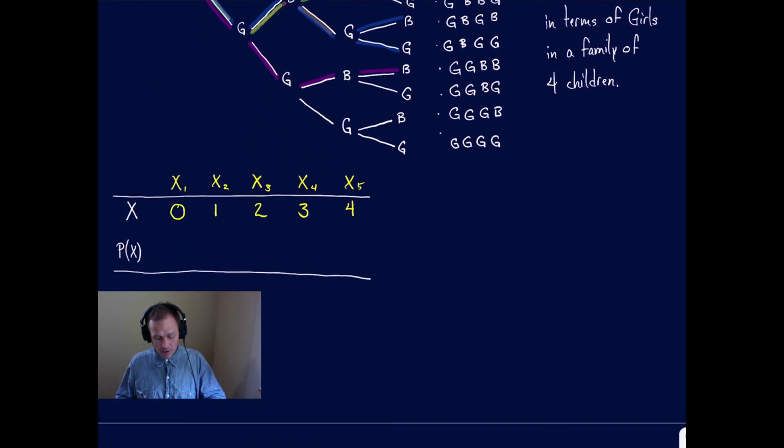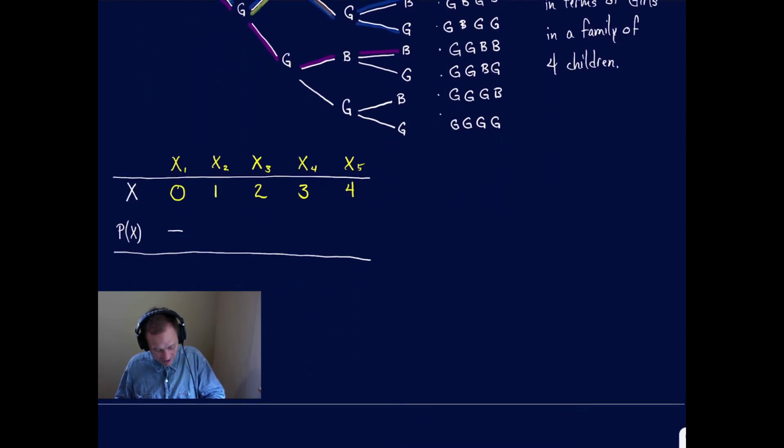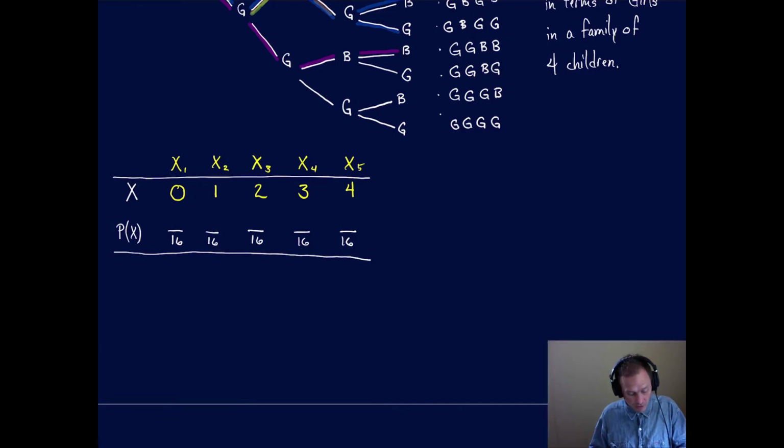So all of our probabilities will be in terms of sixteenths. The last step here is to find how many ways each can happen. We already did the first one: 0 girls only happened one way, 4 boys.